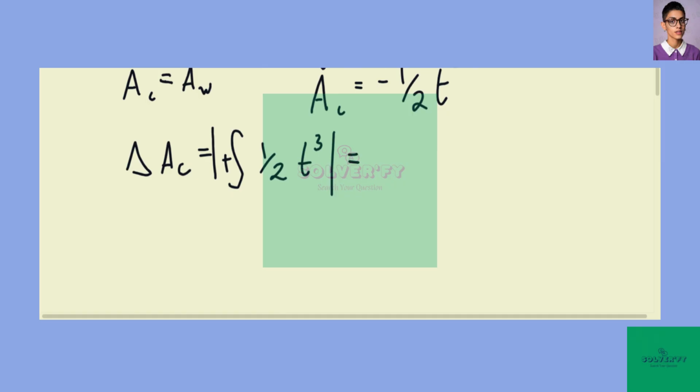So in this integral, we're going to change this t cubed to a t to the fourth, and we need to drop a 1/4 in this whole thing to balance that out. So that'll give us 1/8 t to the fourth. And we don't have to add a constant to this because we're just interested in the change of this. We're not interested in the actual value.